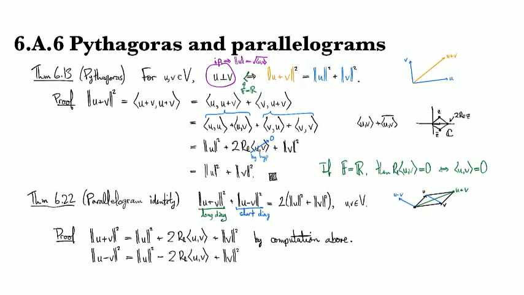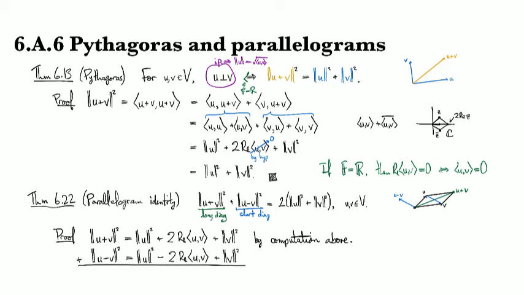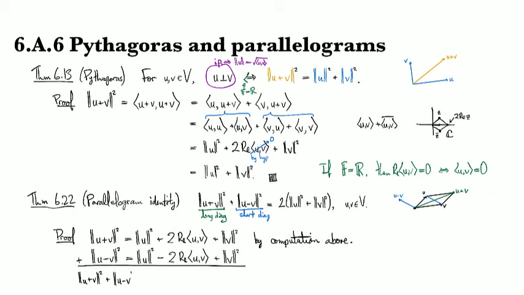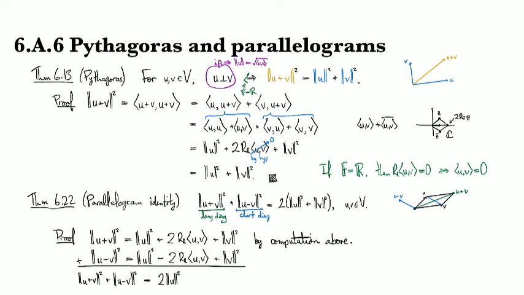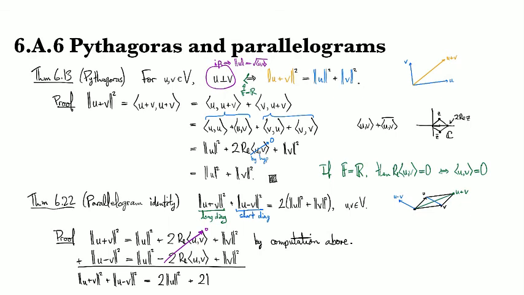And so now if I take these two identities and add them together, then on the left side I have u plus v squared plus u minus v squared in magnitudes, and on the right side I have 2 times the magnitude of u squared, and then these guys cancel, and then I have 2 times the magnitude of v squared. And we're done. Nice and straightforward.